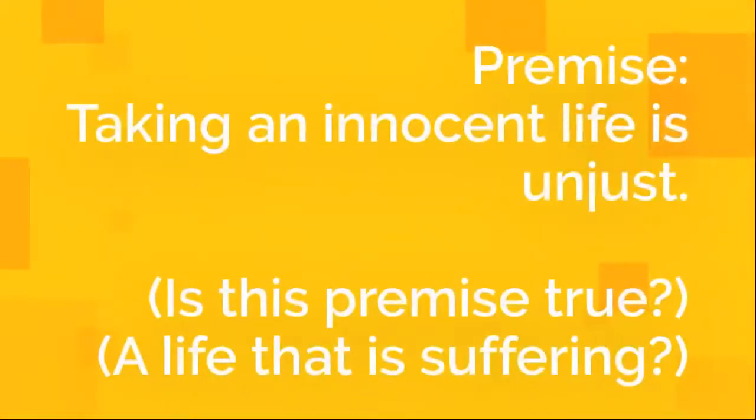So let's evaluate those premises we were looking at. Taking an innocent life is unjust. Is this premise true? One of the considerations I brought up is, what about a life that is suffering? If you see somebody that's suffering, is it necessarily unjust to take their life?